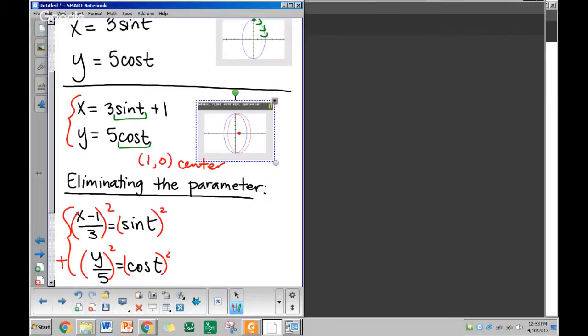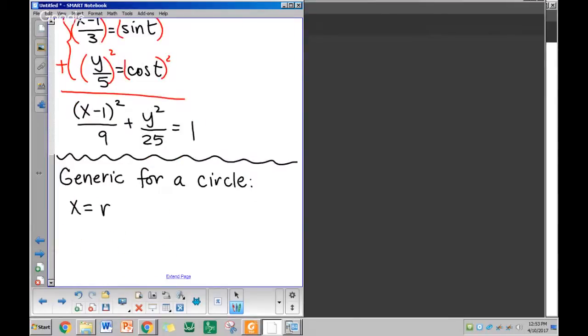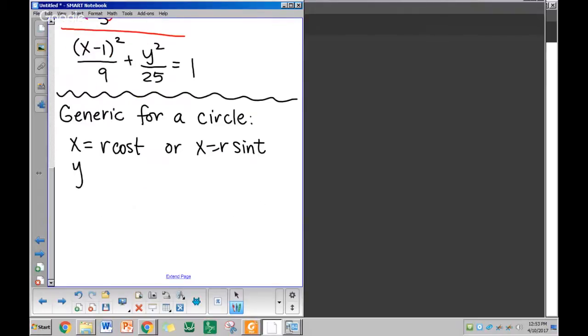So generically, I could say x equals the radius times sine of t, and then y would equal r cosine of t. Just remember this is for a circle. And this could be plus or minus based on where you wanted to start, right? So these would be the parametric equations for a circle, generically. What about the generic for an ellipse?